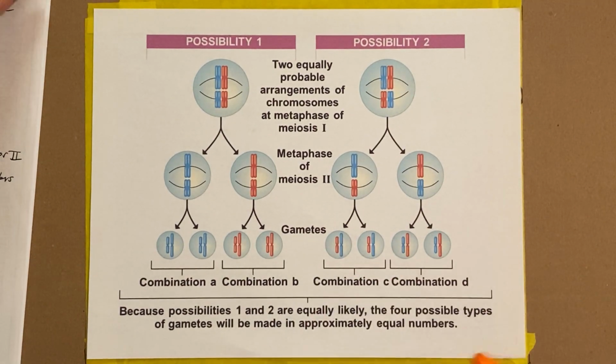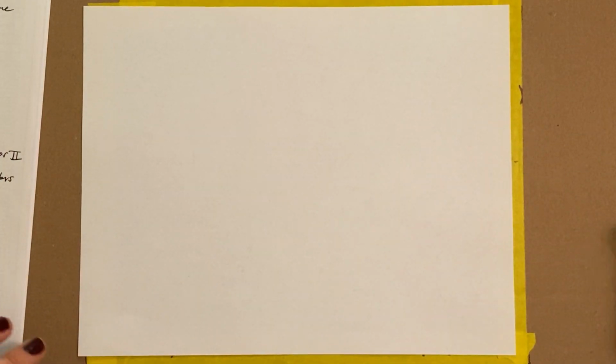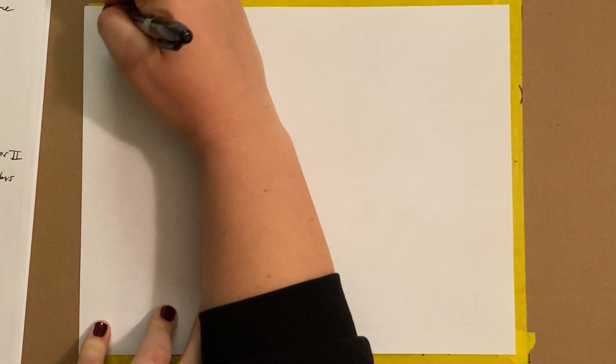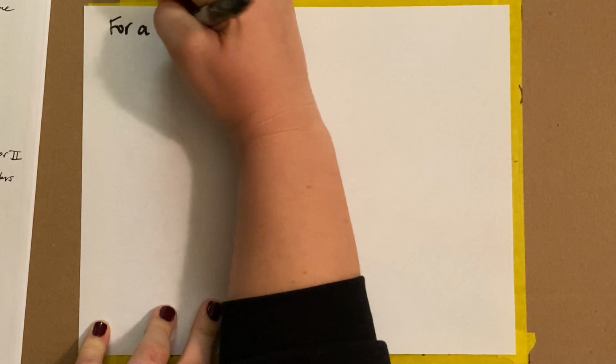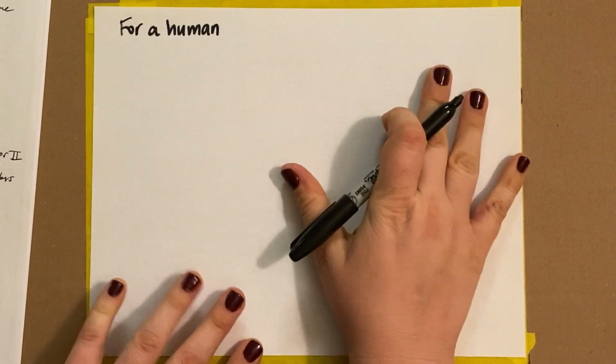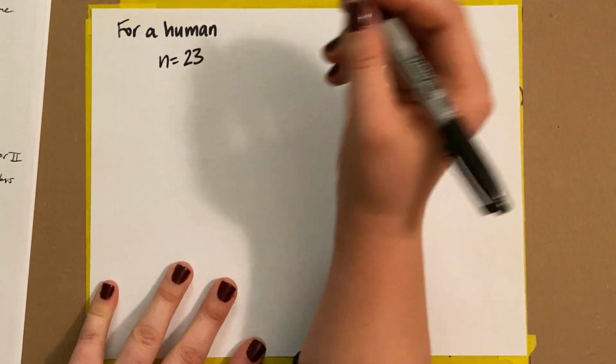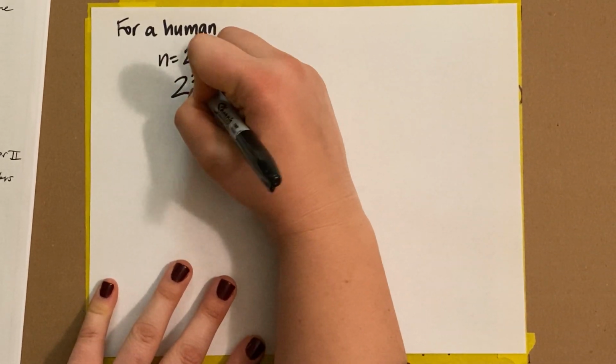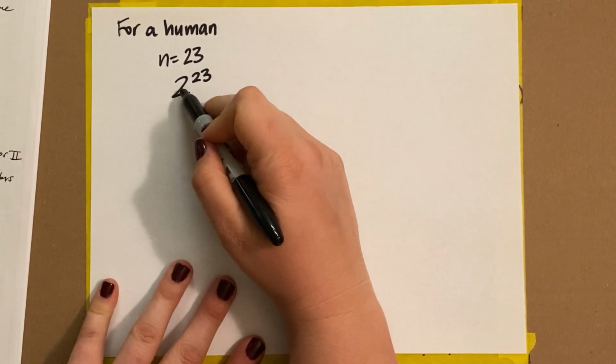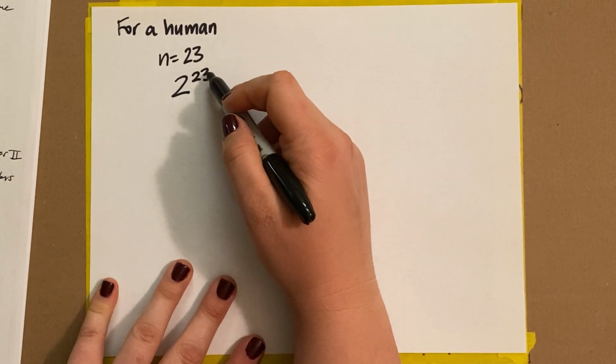Now, the big thing, because of the independent assortment, what I want to mention is that for a human, we have 23 chromosomes, but we have 2 of each one. So that's 2 to the 23rd. Okay, so we have 2 versions of each one.